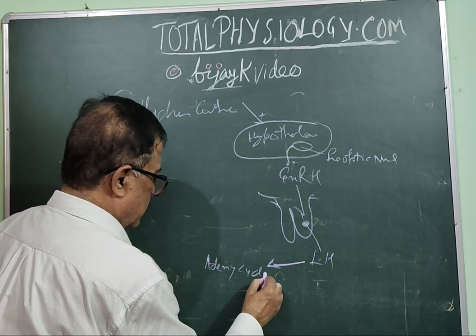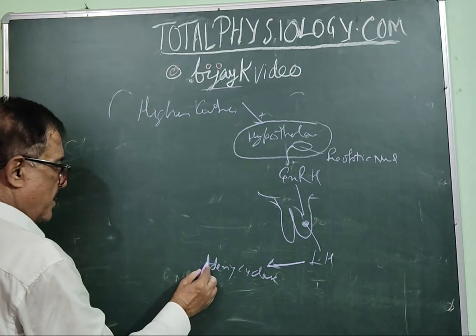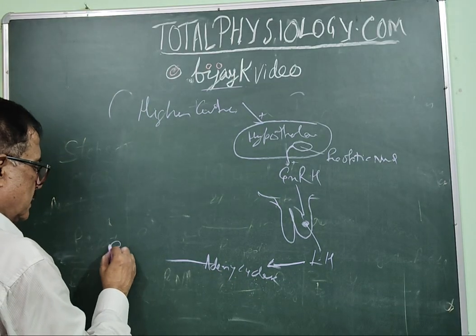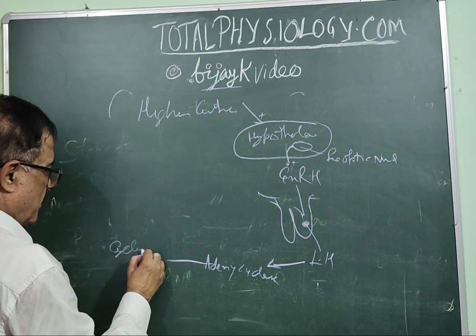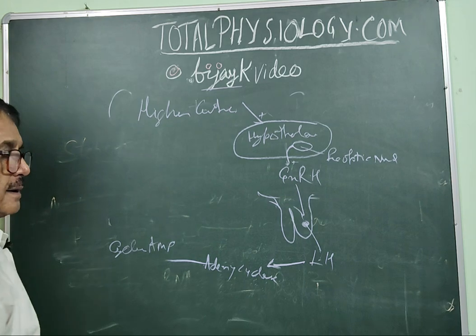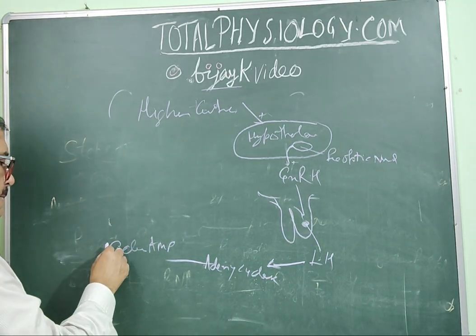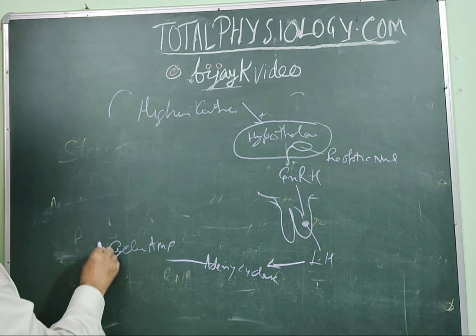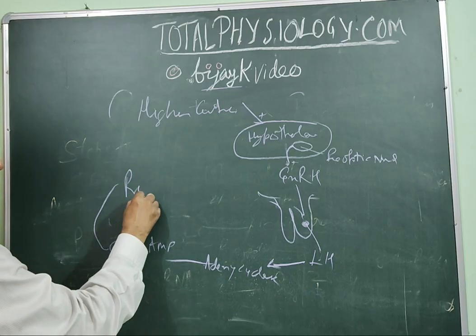Adenyl cyclase will stimulate formation of cyclic AMP, and that will stimulate formation of progesterone.